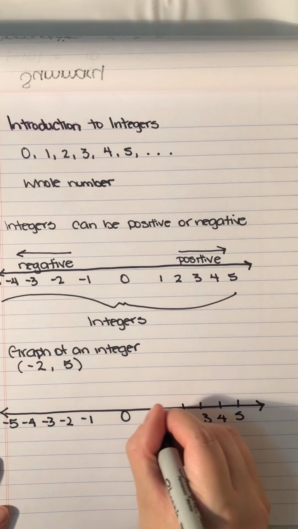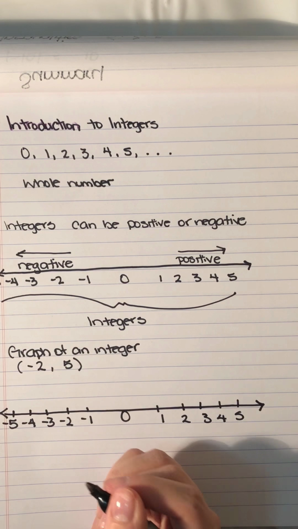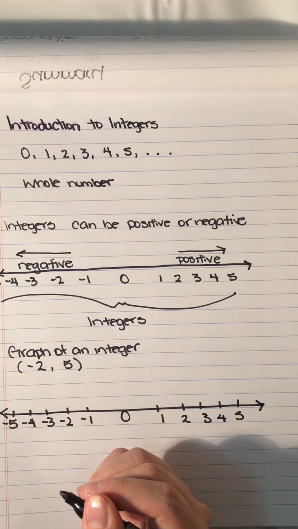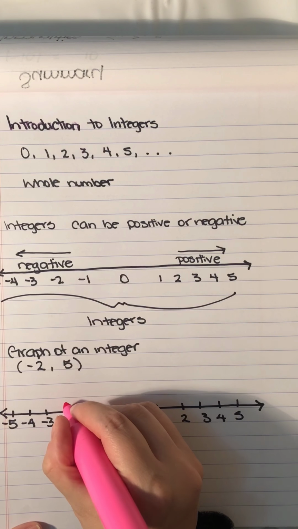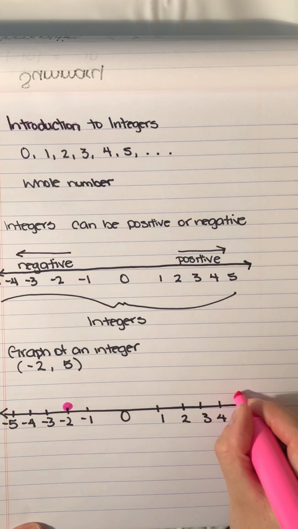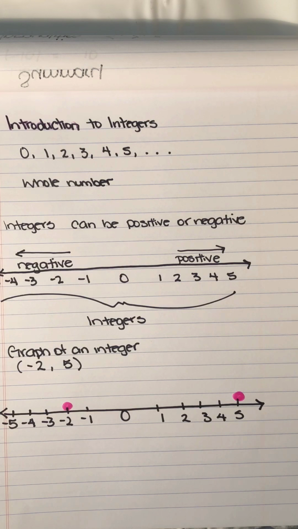Usually a number that doesn't have any symbol, we can assume that it's positive. Now, let me go ahead and show you what I mean when I say negative. Negative numbers are usually below 0. Smaller than 0. They're usually on the left side. So -2 is on the left and +5 is on the right.